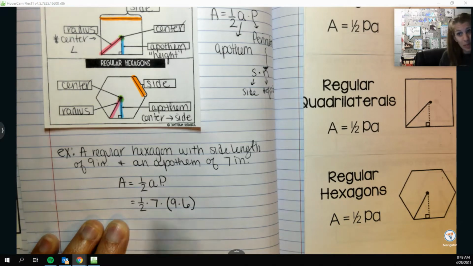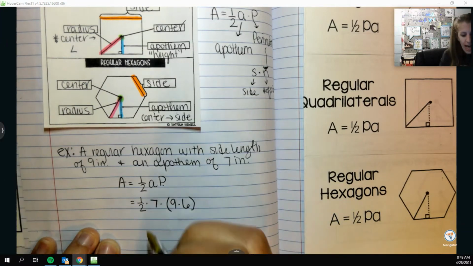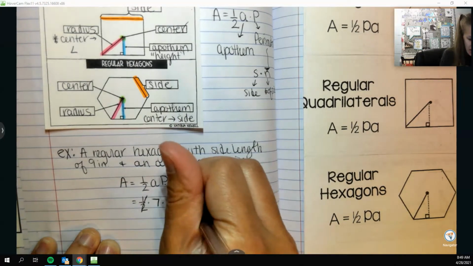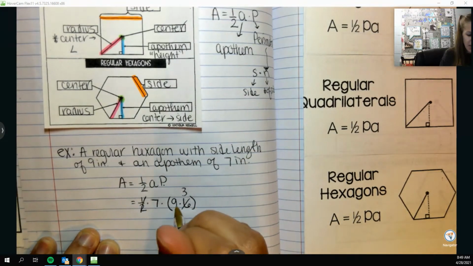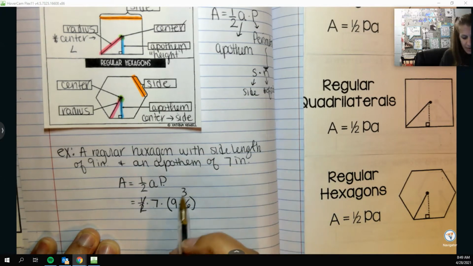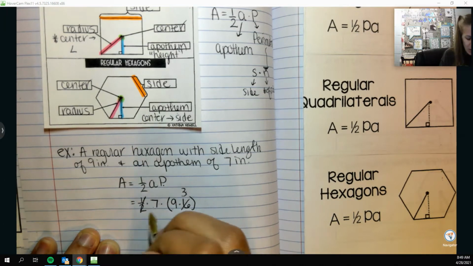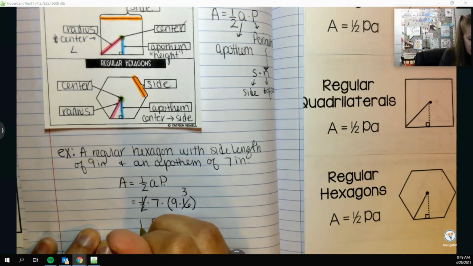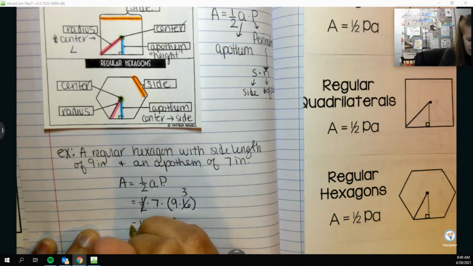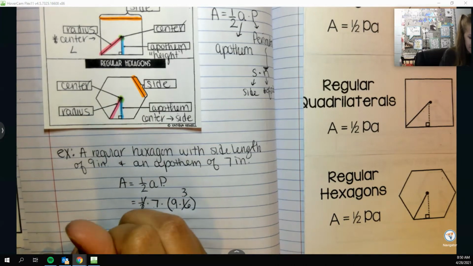So really I'm just multiplying a whole bunch of numbers here. I'm going to take half of the only thing I can, which is the 6. And so I end up with 7 times 9 times 3, or 21 times 9. Felt like the easiest way to multiply that to me. So 21 times 9 is 189 inches squared for that area.